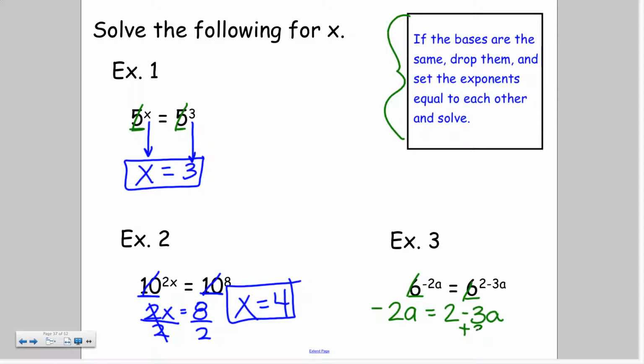So I'm going to add 3a to both sides. So plus 3a. When I do that, negative 2a plus 3a is a. There's nothing to go under that 2, so we're going to bring it down. And then negative 3a plus 3a cancels out. So my answer is 2.